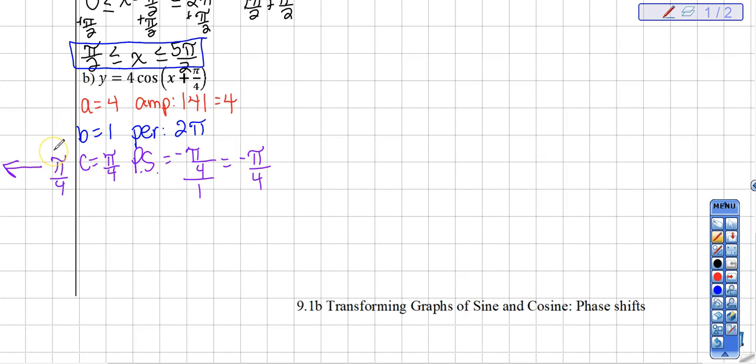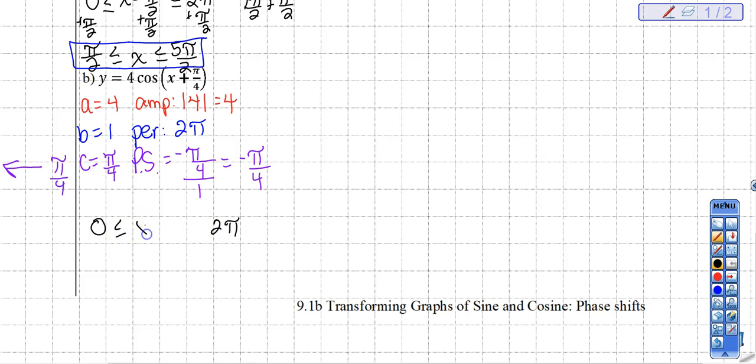You're shifting the graph. Instead of starting at 0 and going to 2 pi, you're going to start at negative pi over 4, and you're going to do one full revolution to 7 pi over 4. Watch, that's how it's going to work. So it's a cosine function. So one full revolution would be 0 to 2 pi.